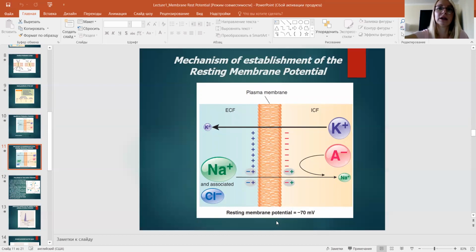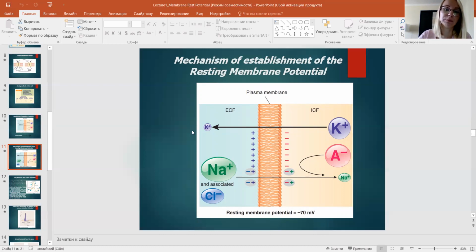Even after the resting membrane potential is established, cells gradually lose potassium and gain sodium. And the large concentration gradient for sodium and potassium would eventually disappear without the continuous activity of the sodium-potassium pump.